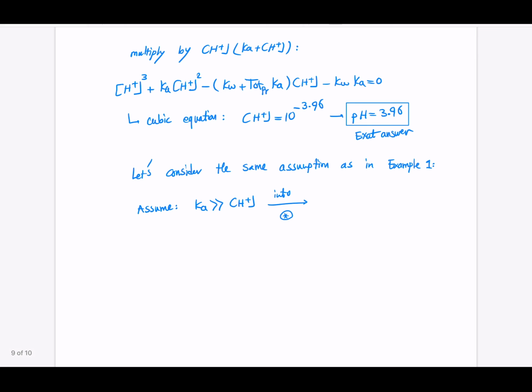So that would make it simplify to H plus, then Kw over H plus, total PR. And when you solve this quadratic, then you get the concentration of H plus to be 10 to the minus 3, or pH of 3.